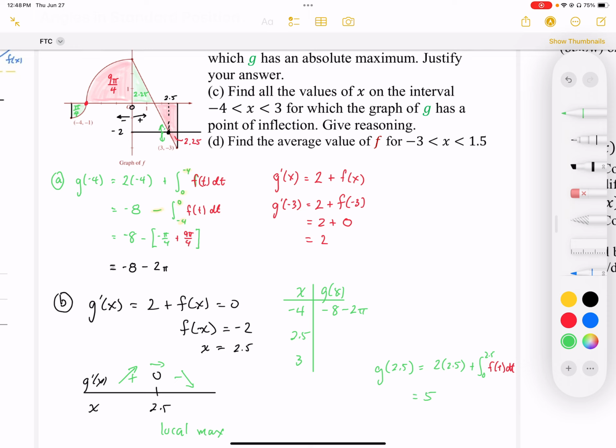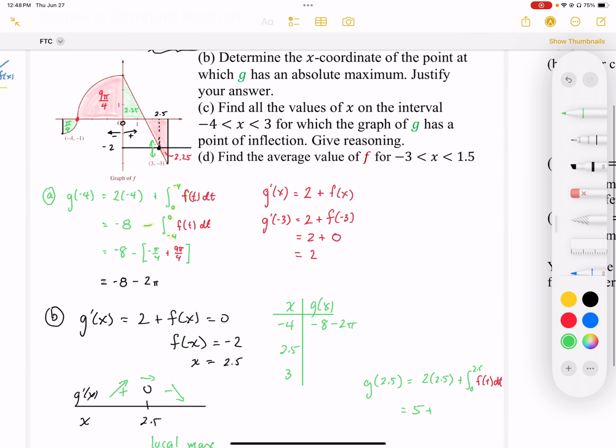So this works out to be equal to 5 plus, well, the area from 0 to 2.5. It looks like I have positive 2.25 is the green area. And then this area in here, that's going to be 1 times 2 divided by 2. So this area is going to be equal to 1, or negative 1 in this case, since it's below the x-axis. So it's going to be plus 2.25 minus 1, or plus 1.25, and that's going to give me 6.25. Okay, so 6.25 then represents a local max.